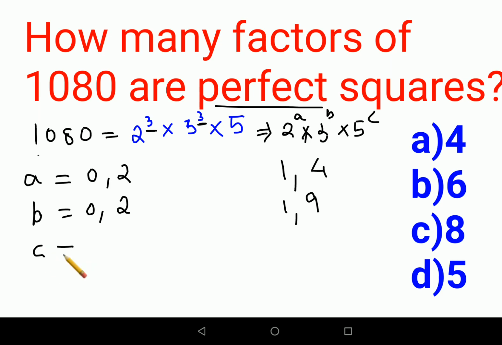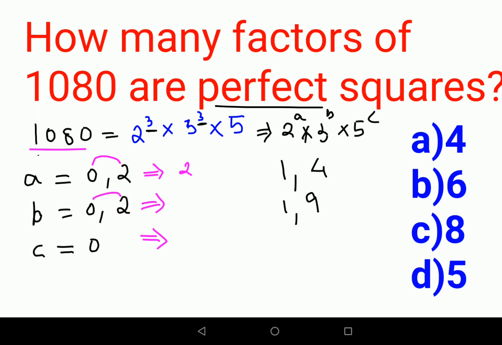Similarly, the value of c. Now 5 raised to 1 only we have. So the max I can check is 5 raised to 0. Right, that's it. 5 raised to 1, I know that's not a perfect square. Now in order to find your total number of perfect square factors of 1080, all you have to do is count the number of values for a, that is 2.